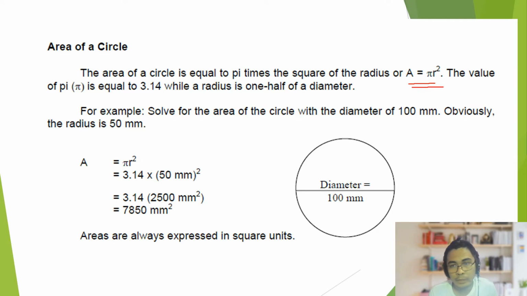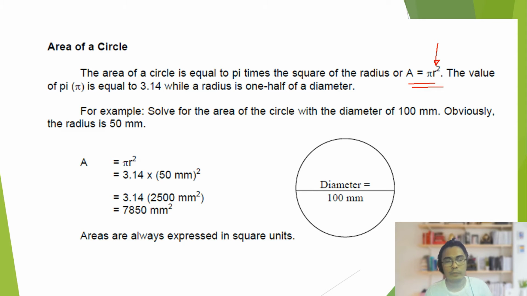The area of the circle is pi r squared, wherein pi is equal to a rounded value of 3.14, while the radius is half of the diameter. Meaning to say, if the given in the problem is the diameter, you need to divide that by 2 to compute for the area, because kailangan yung radius, not the diameter.